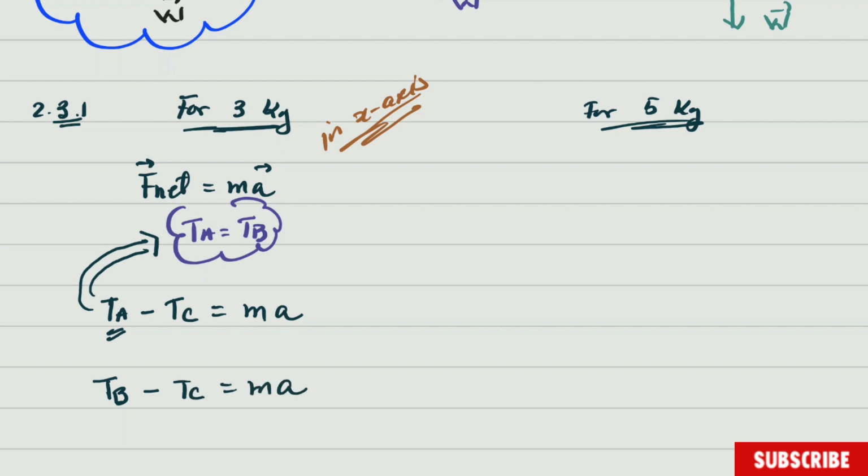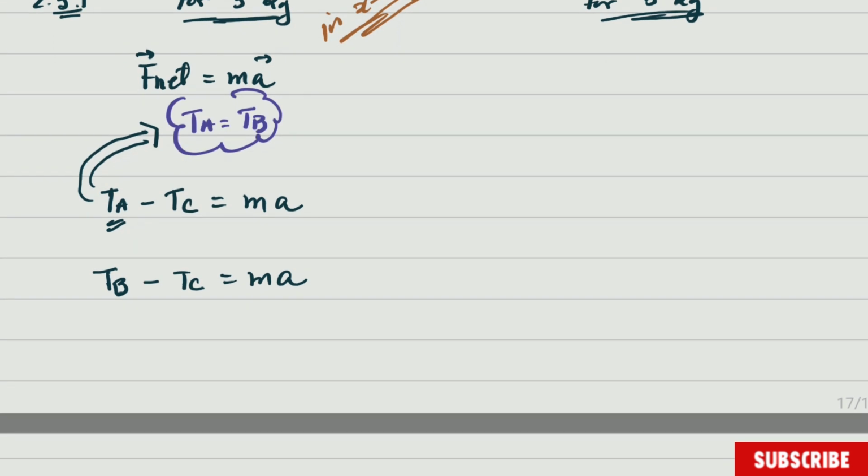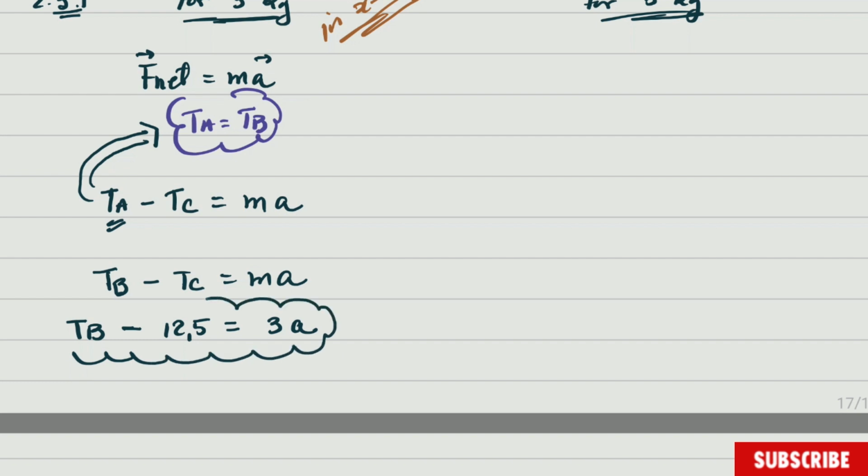Very slow, guys, so you can understand. And we are going now to substitute the numerical values. TB, we are looking for it, we don't have it. The tension C, we do have it, and it's 12,5 given to us. The mass is 3 and 8. Now here we have two unknowns, and therefore we are going to stop right there because we have two unknowns, and we're going to call this one equation 1.